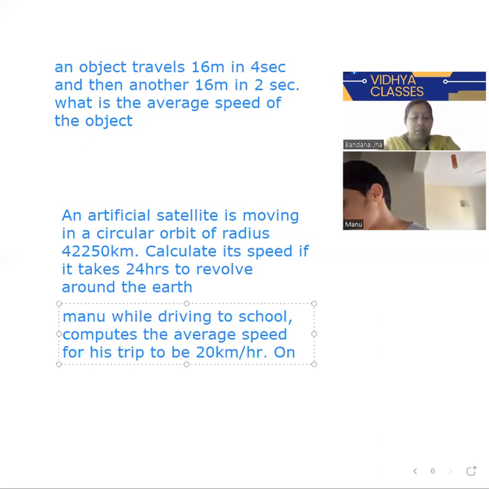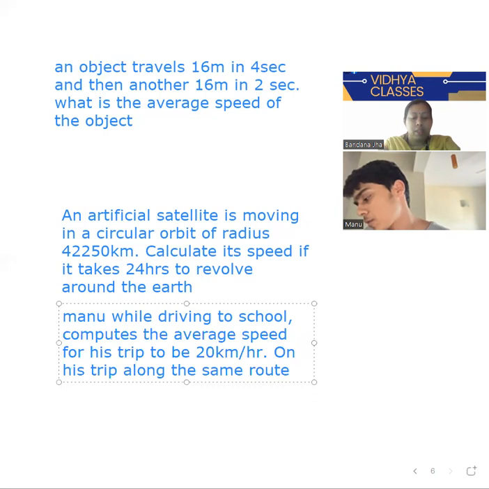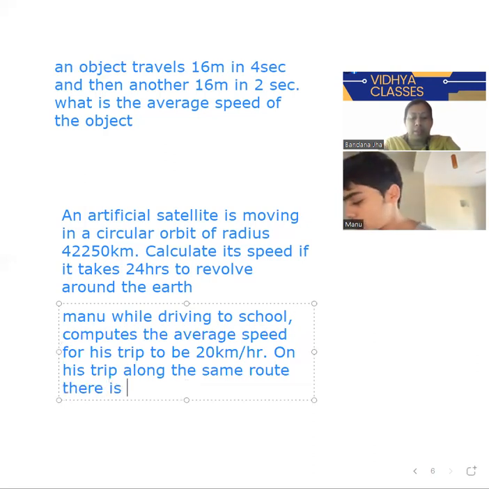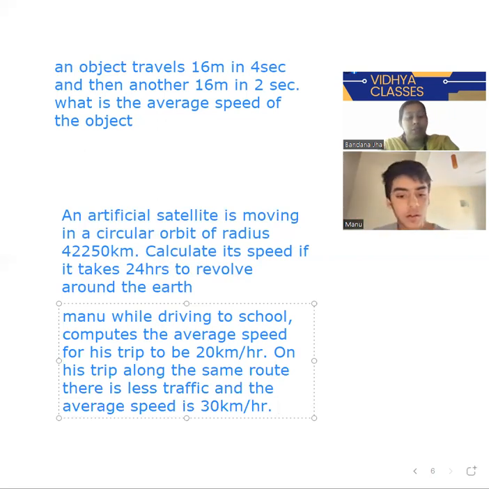On his trip along the same route, there is less traffic, and the average speed is 30 kilometer per hour. What is the average speed of Manu's trip?